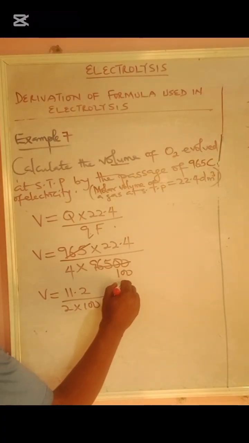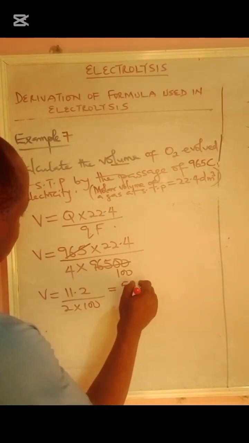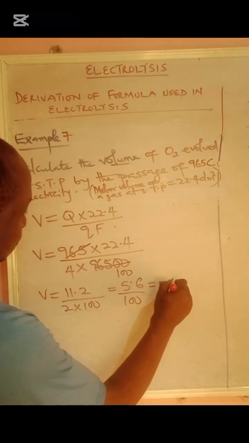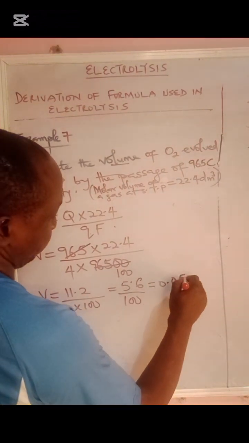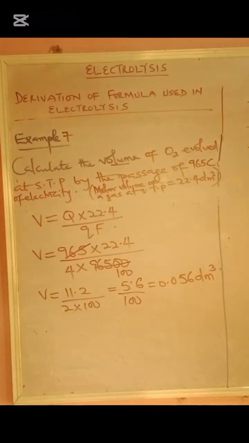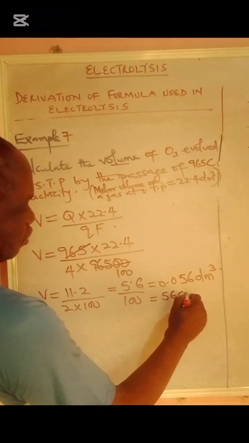Later you have 5.6 divided by 100, so it will be 0.056 dm cubed. To convert to cm cubed, multiply by 1000. It will now be 56 cubic centimeters.